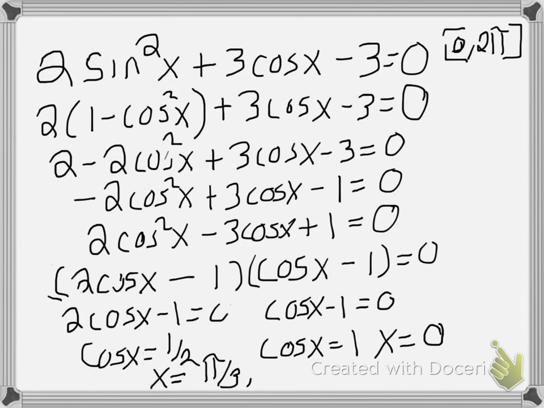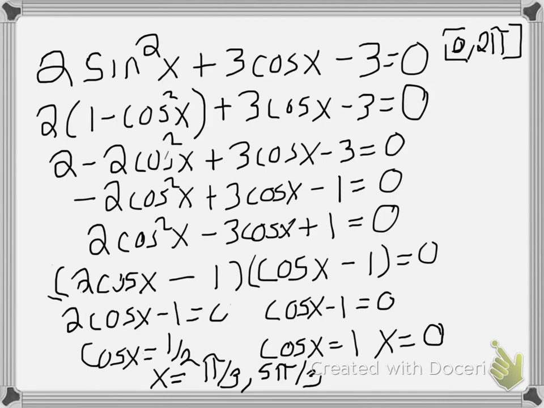Well, that's my 5 pi over 3. And there we go. Pi over 3 and 5 pi over 3 are where the cosine of x equals 1/2, and x equals 0 is where the cosine equals 1. All three of those are your solutions.